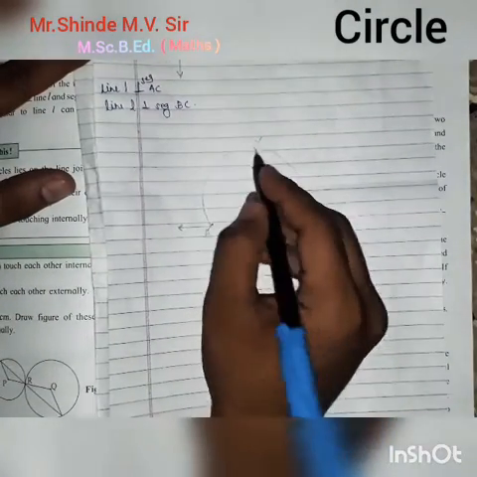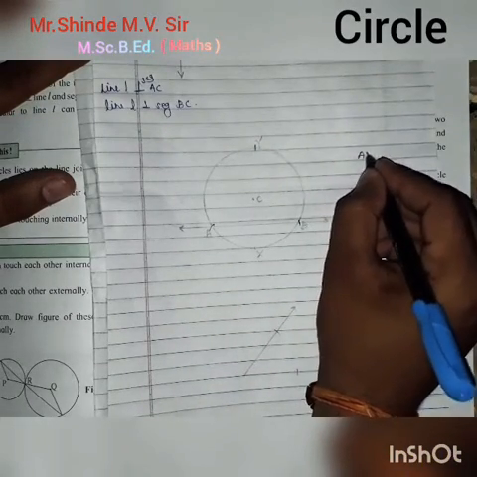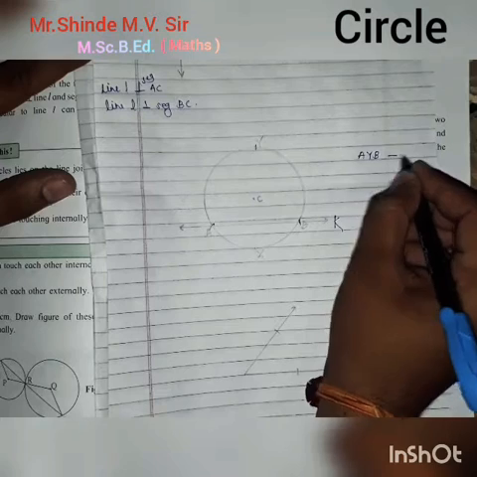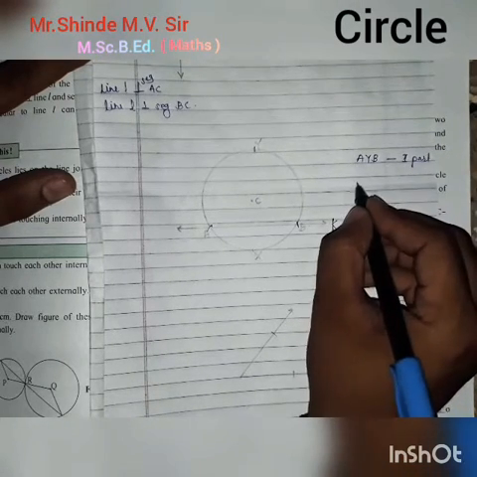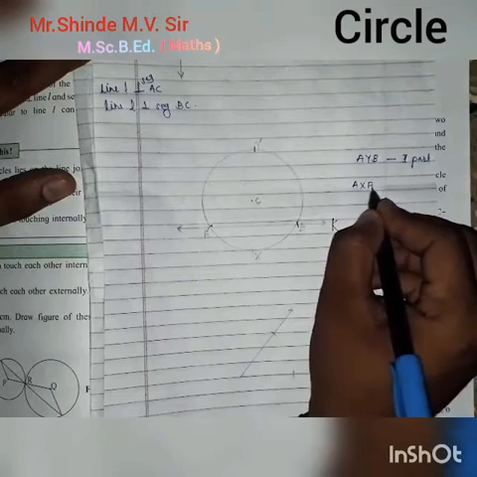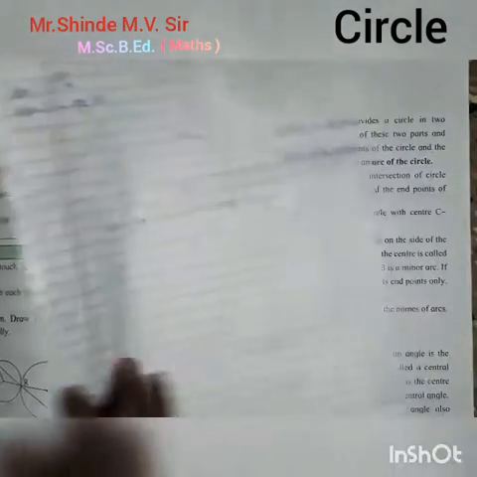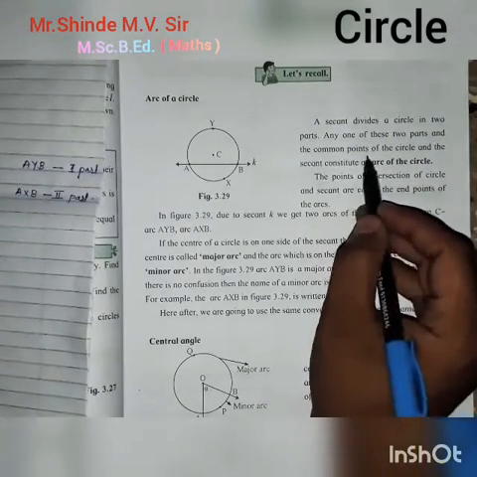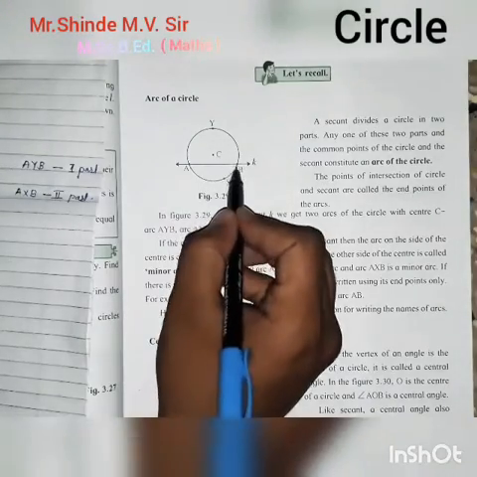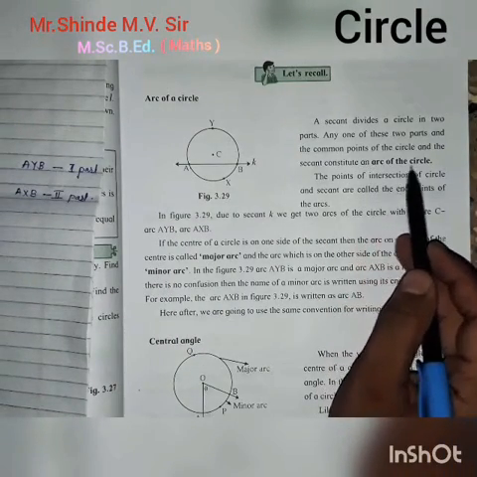A, Y, B is the first part, and A, X, B is the second part. Any one of these two parts together with the common points A and B of the circle and their secant constitute an arc of the circle.